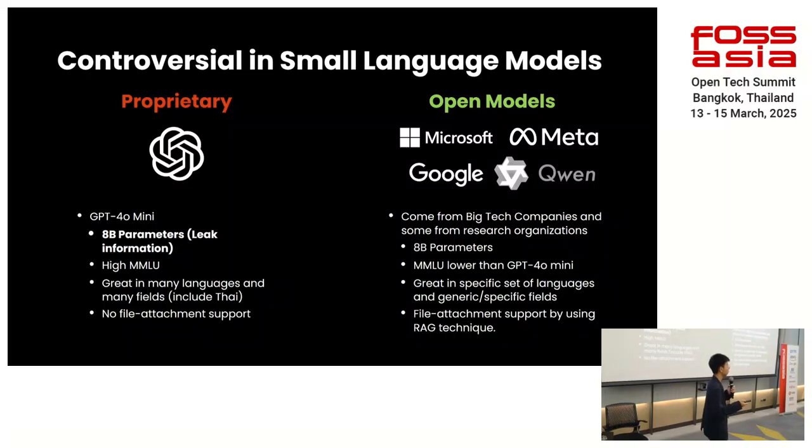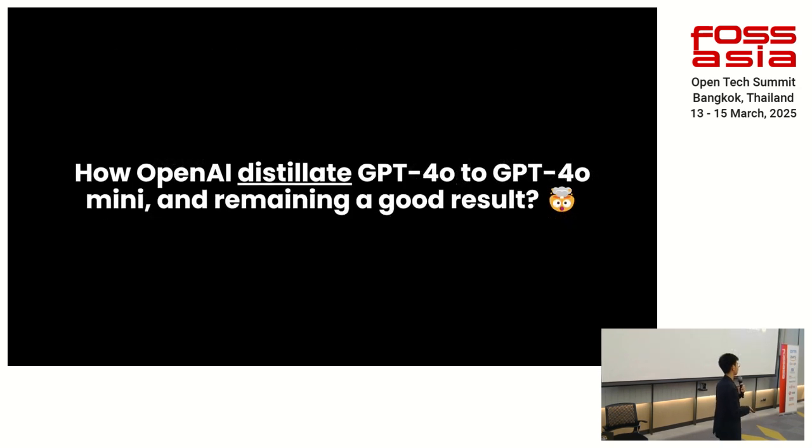So when you compare proprietary and open models for training knowledge, you can see GPT-4 has good knowledge to give to you, and some of the open models also give good quality knowledge. But I want to ask myself and many others how OpenAI distills GPT-4 or GPT-4 mini while remaining with good results.